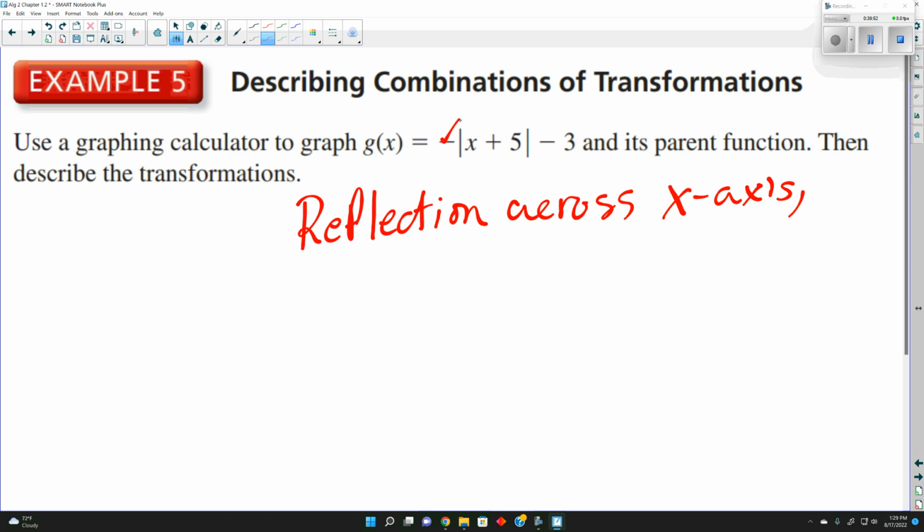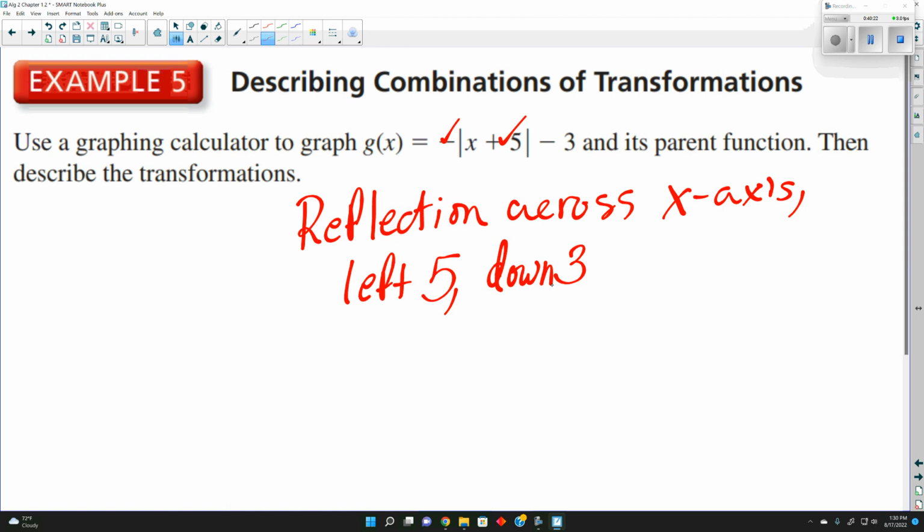The +5 inside tells me what? It's going to be moving 5 units to the left, so left 5. Yes. So that takes care of this. And then what else do we have? Minus 3, which is going to be moving 3 units where? Because since it's outside, it's going up or?